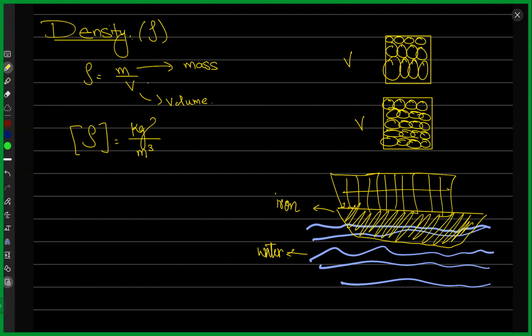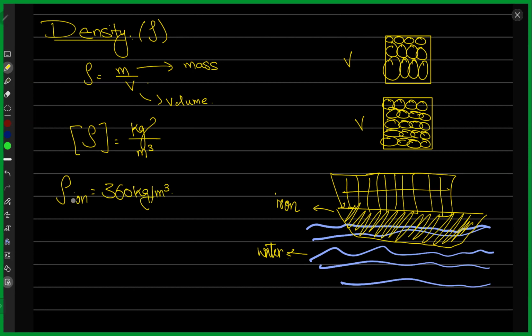So if I were to compute the density of this ship, and for the sake of simplicity we suppose that everything on the ship is made up of iron, then I just need the density of iron, and I can find it from the literature. I can find the average density of the ship. Suppose it is 360 kilograms per meter cubed. It's approximately equal to this, the density of the ship.